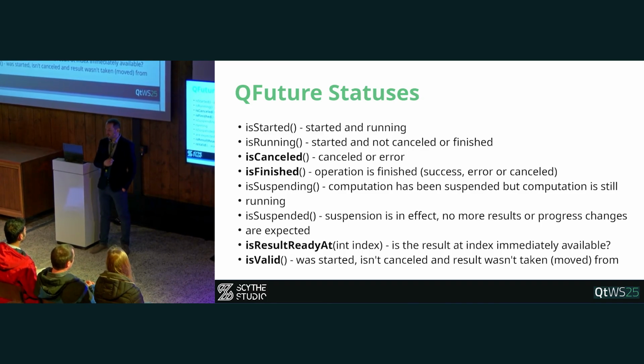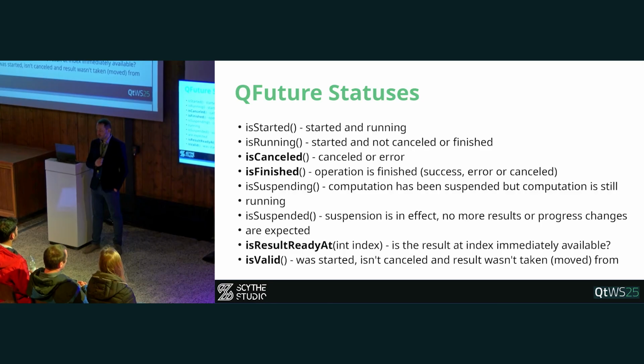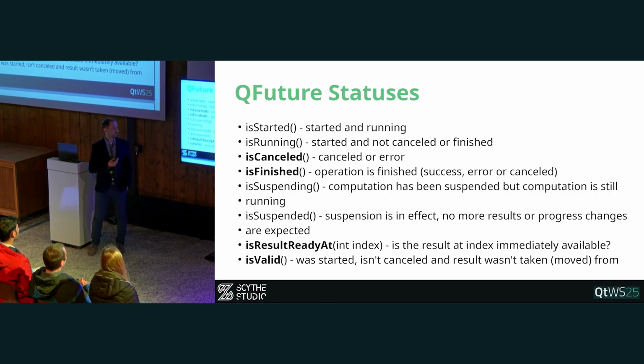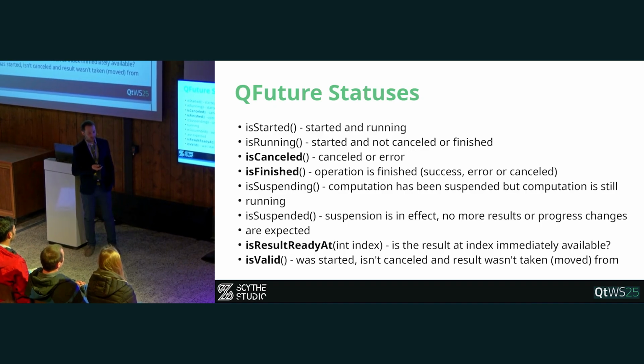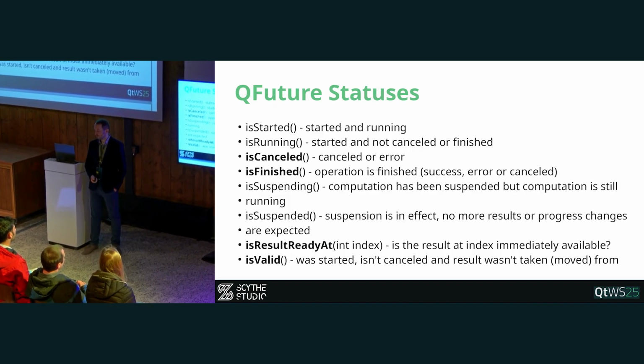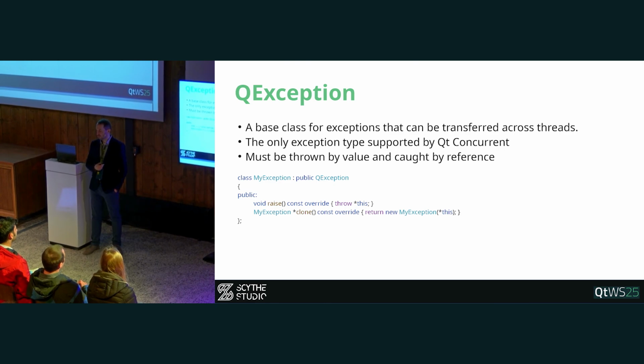Also, the isFinished method is important to know that this asynchronous task is done executing, and there will be no future updates to the status of this QFuture. And the isCancelled method allows you to query if this operation was executed at all. Maybe it was cancelled because of an error, or you explicitly called the cancel method on a QFuture.